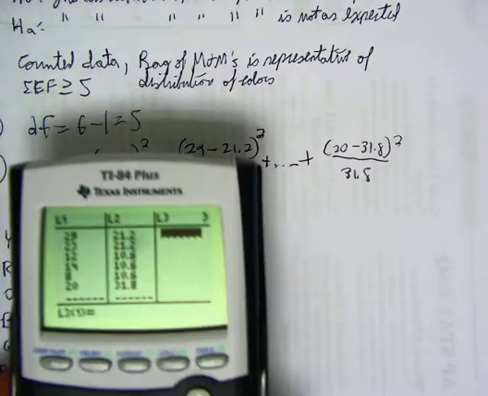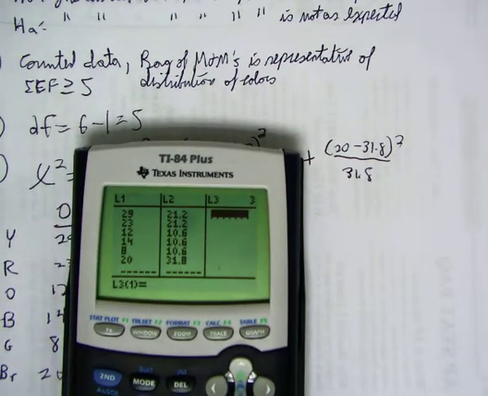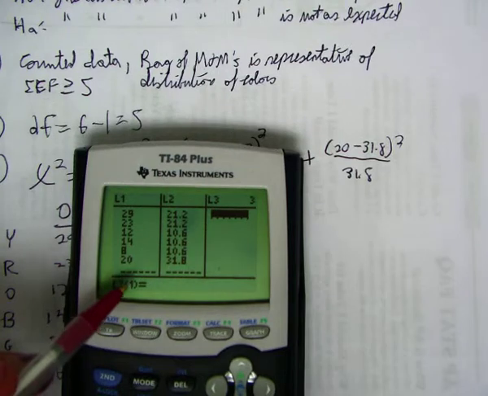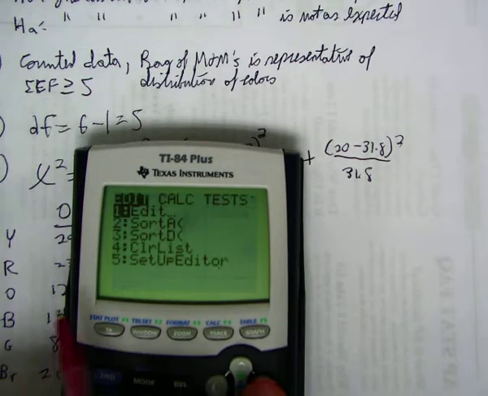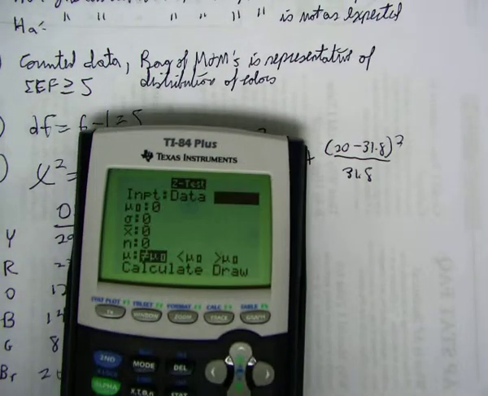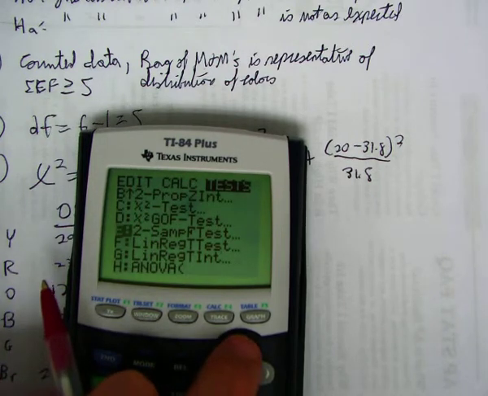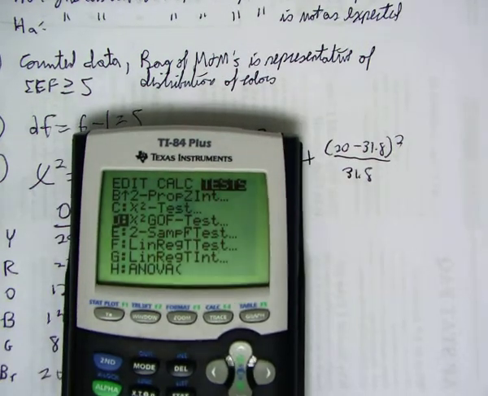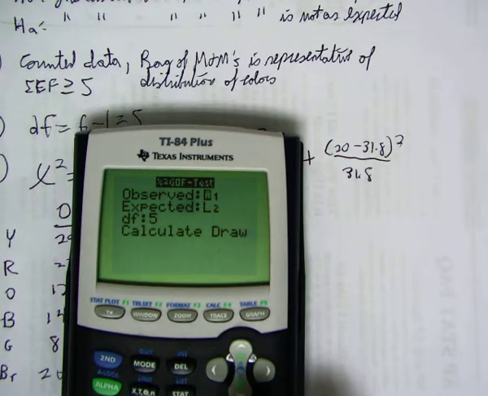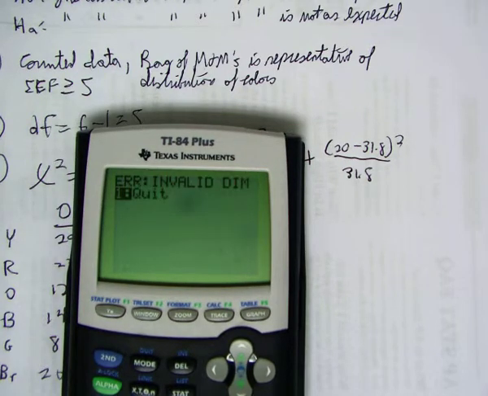Now, I put that data in 2 lists. My observed is in L1 and my expected is in L2. So I'm going to go to stat test, and I'm going to go up to chi-squared goodness of fit test, which is test D. And my observed is in L1, my expected is in L2. I have 5 degrees of freedom. And I'm going to draw that.